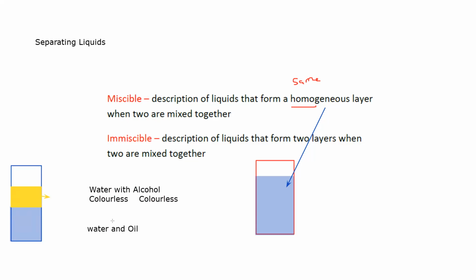This type of mixture of liquids is known as immiscible liquids. When the layers are there between the liquids, we call them immiscible. If there are no layers between the liquids and it appears as one substance, we call that miscible liquids. Is it clear, the difference between miscible and immiscible liquids?